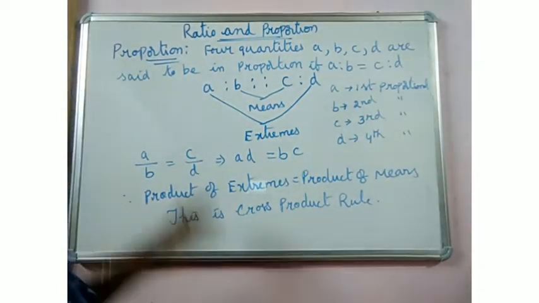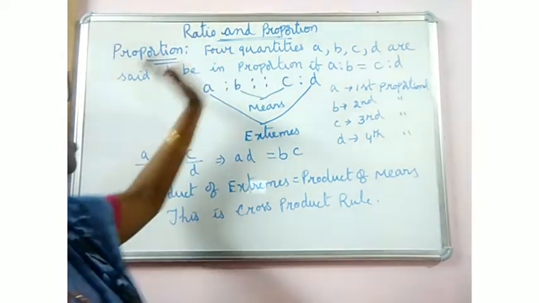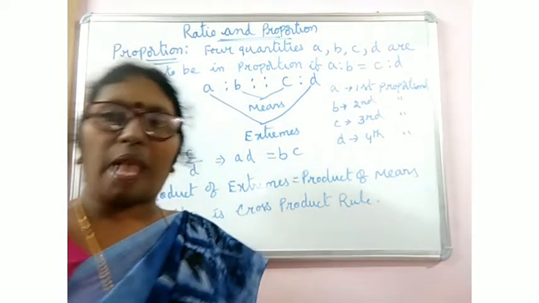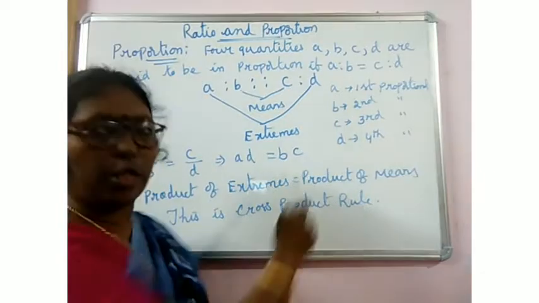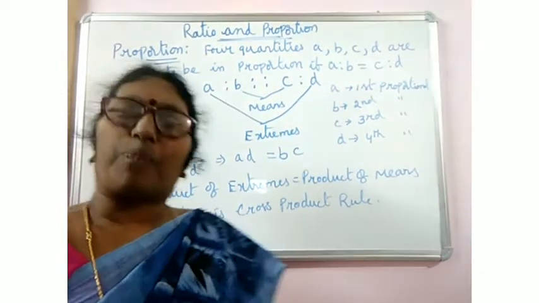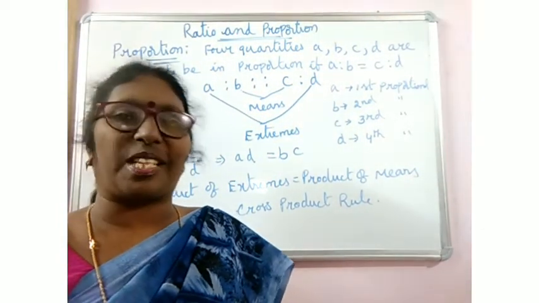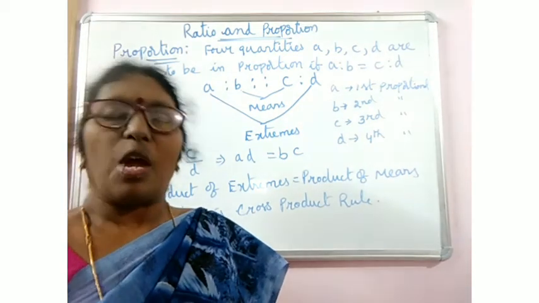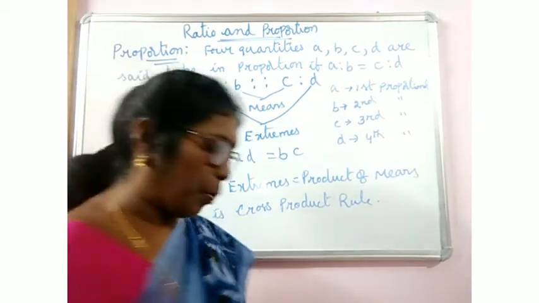So, A, B, C, D are said to be in proportion if A is to B is equal to C is to D. The meaning of that is AD is equal to BC. That means product of extremes is equal to product of means. Now let us learn what is continued proportion.